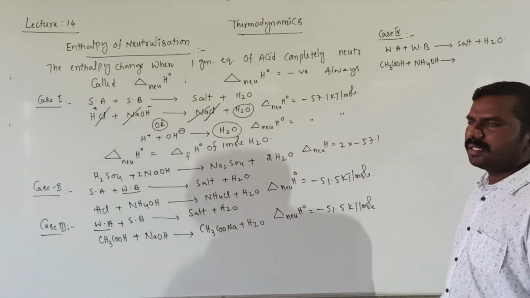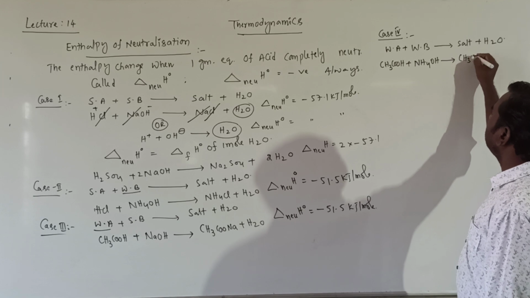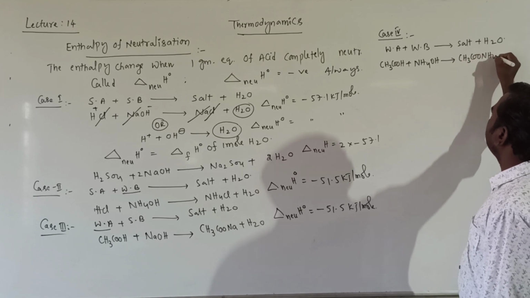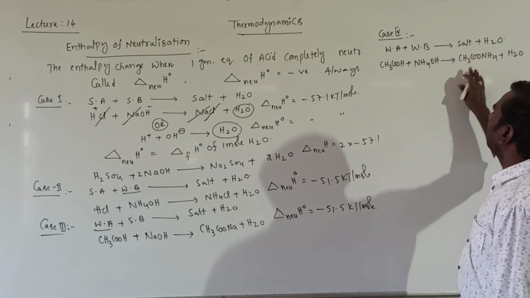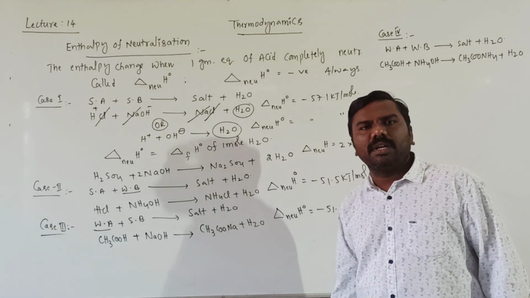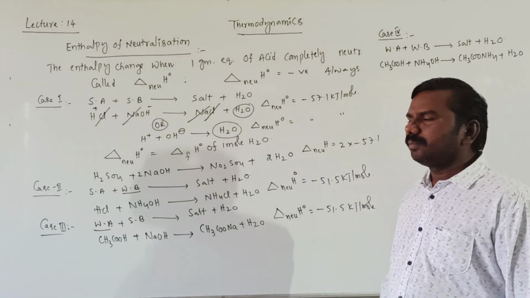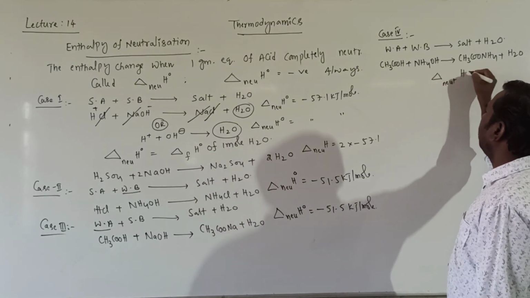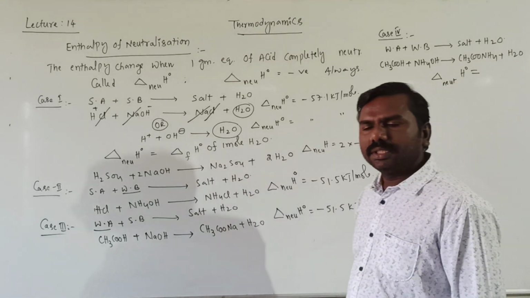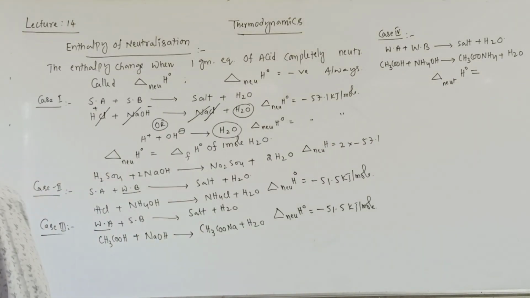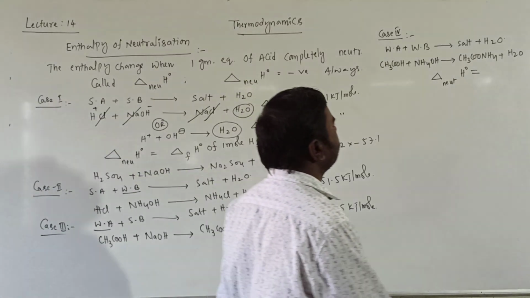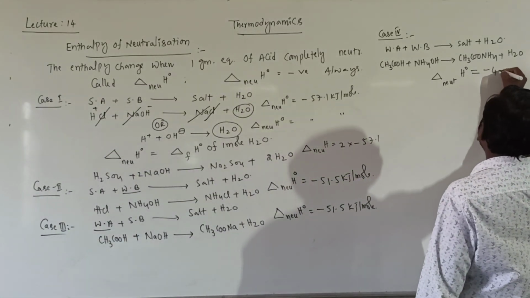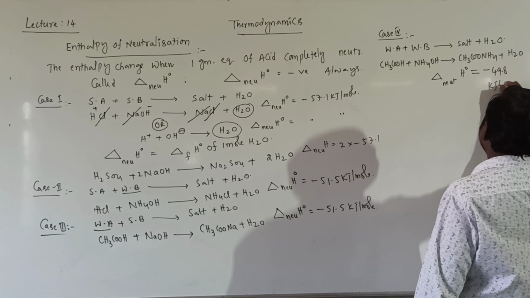When they neutralize with each other, ammonium acetate, CH3COONH4, salt will be formed along with water. Here delta H neutralization for weak acid and weak base is minus 49.8 kilojoules per mole.